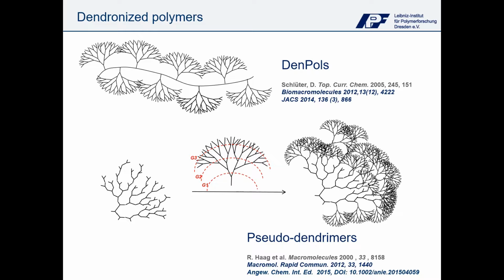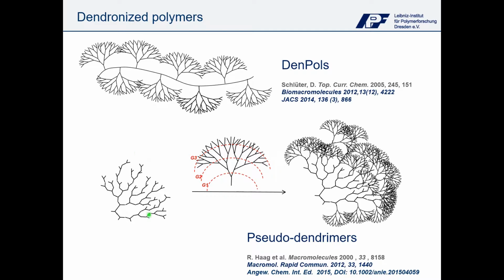polymers, but we can obtain even more complex combinations of structures within one macromolecule. These complex polymers or macromolecular hybrids are, for example, the denpols, in which we are combining linear polymer with dendrons, which can give us very, very strongly branched and highly functionalized polymers.